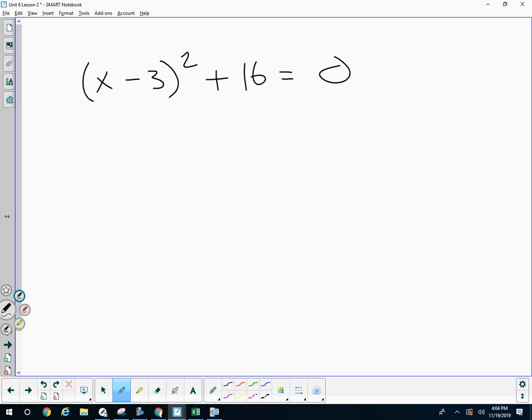Give me the solutions to this equation. Who broke out their phone real quickly and snapped that?